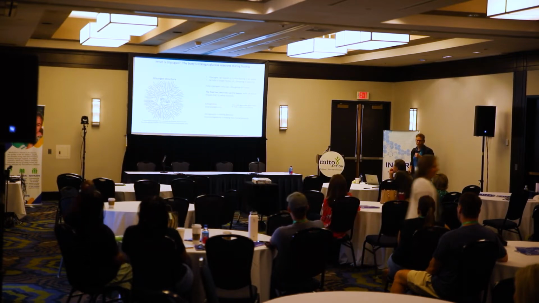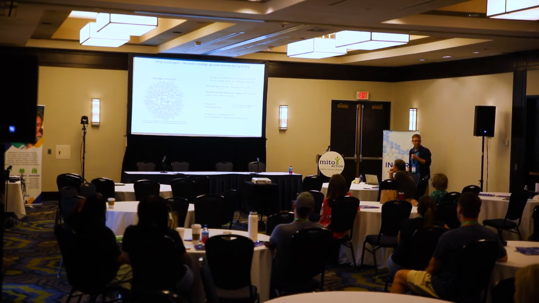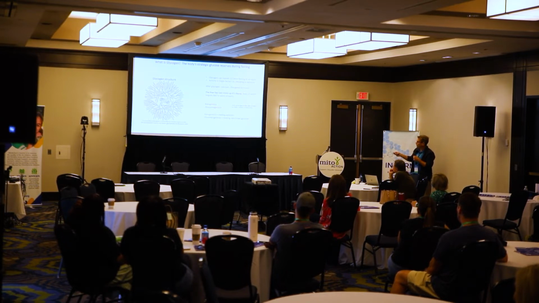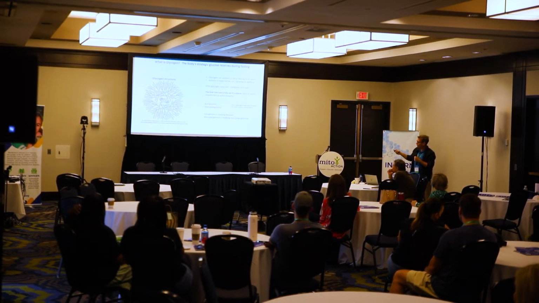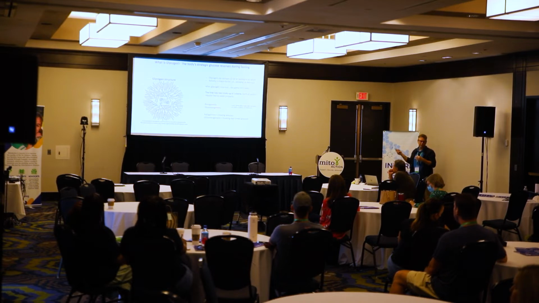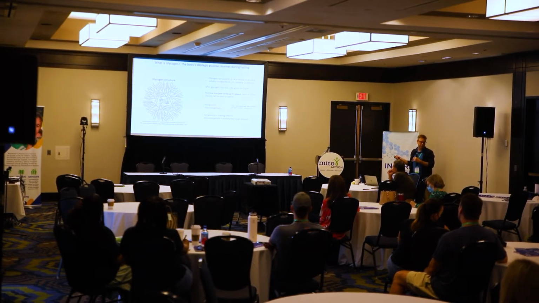So I mentioned this word glycogen, which is a very clever trick that the body has of packing a lot of glucose into a small space. So this thing that looks like a ball on the left, that's a glycogen molecule, and at the center of it is a protein called glycogenin, and it's surrounded by these long branch structures of glucose.